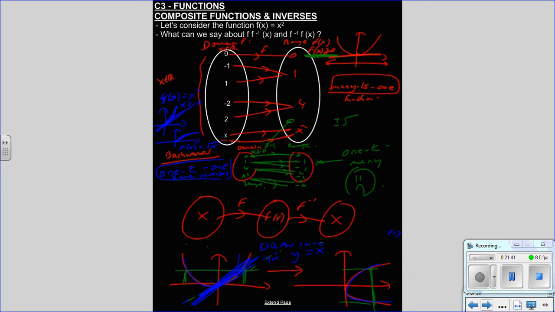So, if you take x, you do f to it, you get f of x, and then you do the inverse again, you get x. So a key property is that f of f to the minus 1 of x is the same as x, and also f to the minus 1 of f of x equals x. So if I go backwards and then step forwards again, then I'm back where I started, okay? I'm back where I started. This is the most key message and bit of theory that we need to learn.